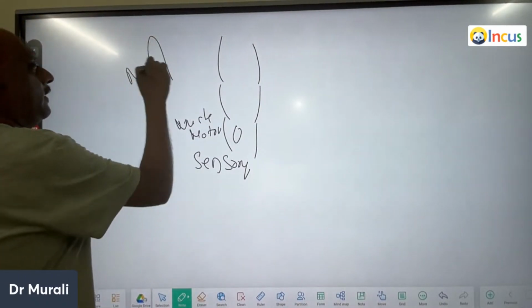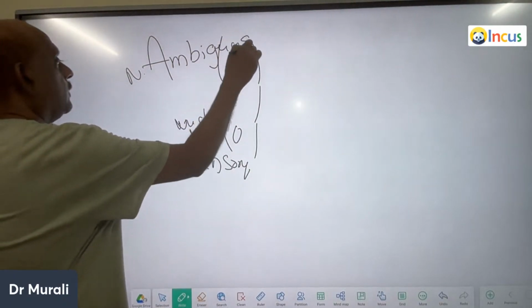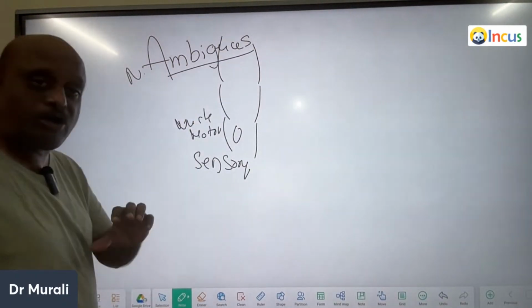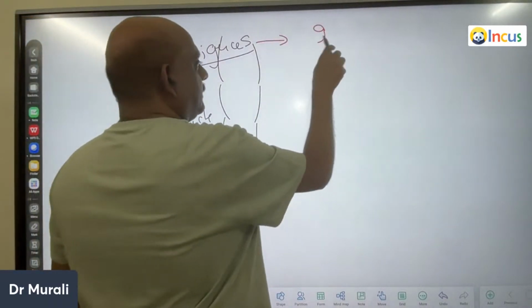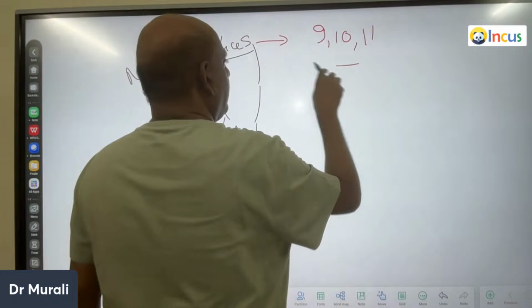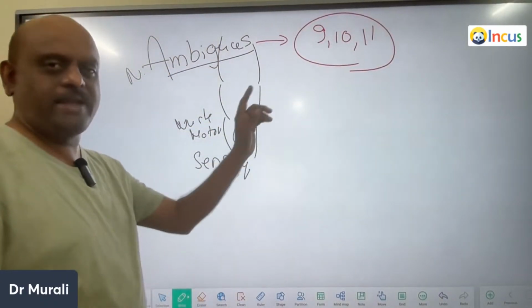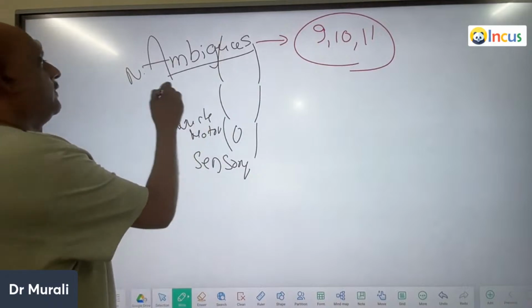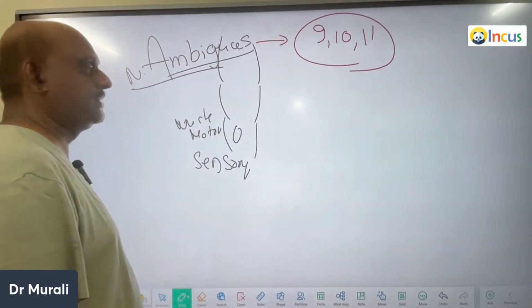Nucleus ambiguus. Children, nucleus ambiguus is a common motor nucleus of 9th, 10th and 11th cranial nerves. Glossopharyngeal, vagus and 11th cranial nerve ka nucleus ambiguus is a motor nuclear complex.